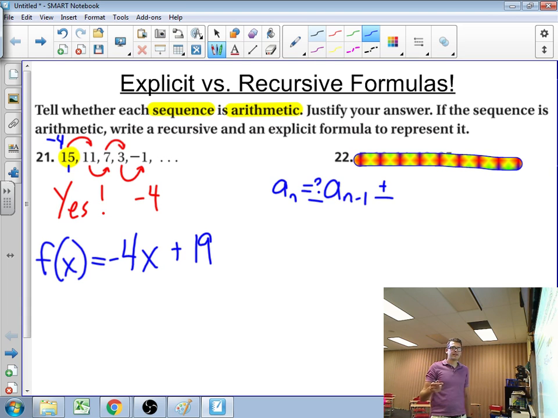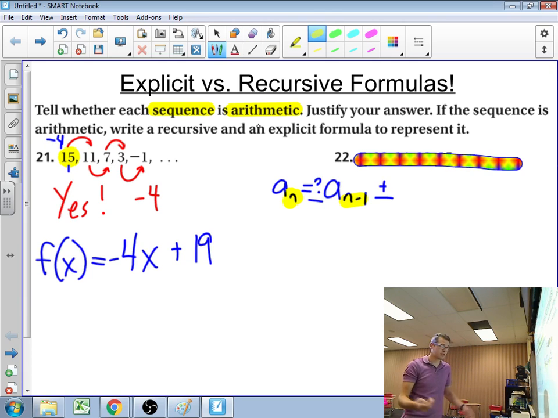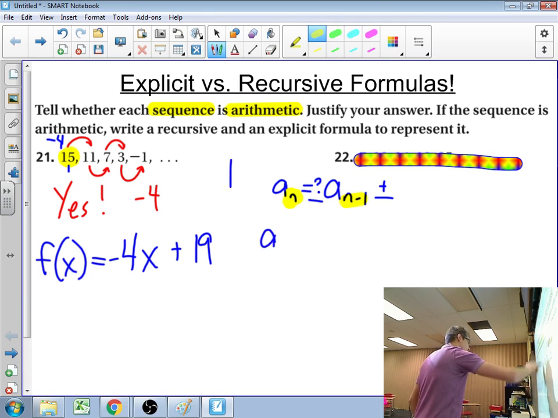And I don't really have any nice, easy memory trick. Just that recursive, I'm going to reuse something that previously happened. So a lot of times we use the term right before my current term. So if my current term is a sub n, I'm at the term n, so like the 4th term. If I talk about a sub n minus 1, that would be the previous term, or like the 3rd term in that situation. So I'm going to use my previous terms here.